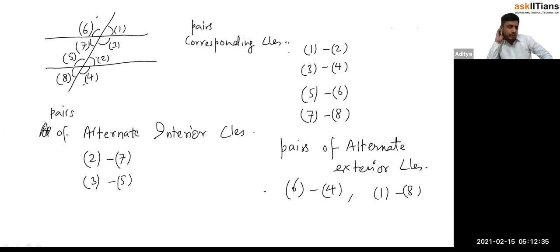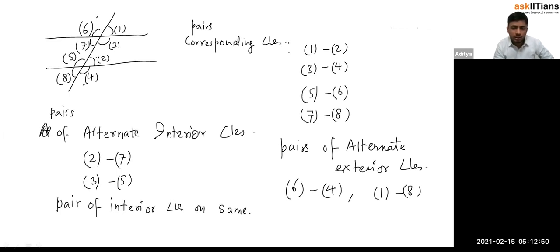We also have a pair of interior angles on the same side of the transversal. So what are such pairs? 2 and 3, and what else? 7 and 5.